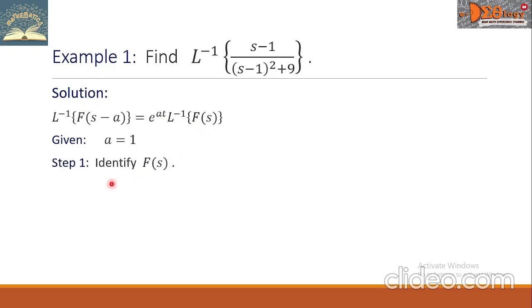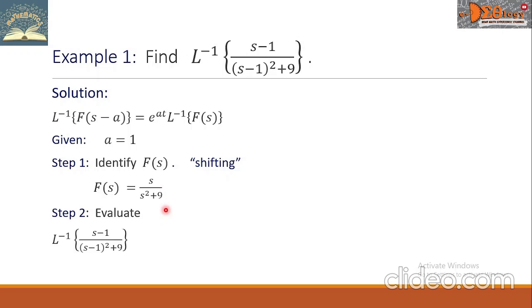For step 1, let us identify that function F of s. In here, we will do the shifting. Looking at the function here, F of s is equal to s all over s squared plus 9. Then, step 2. Let us now evaluate our problem.